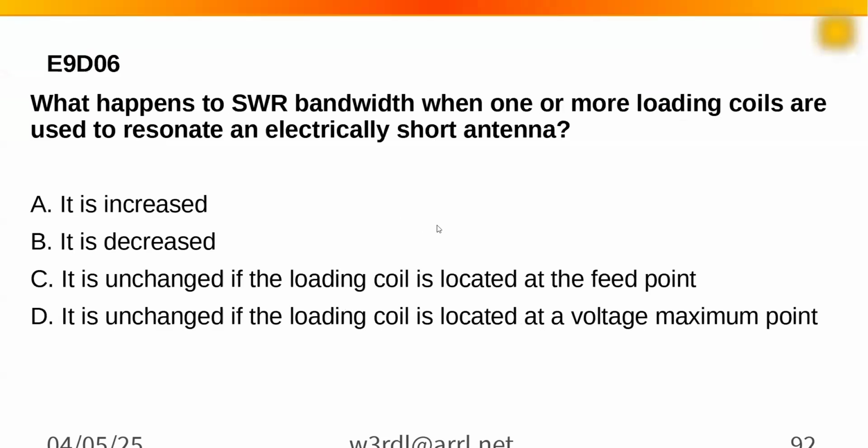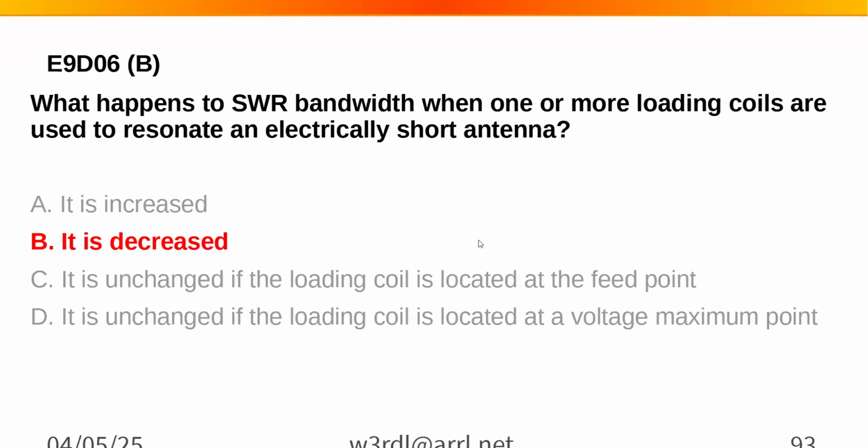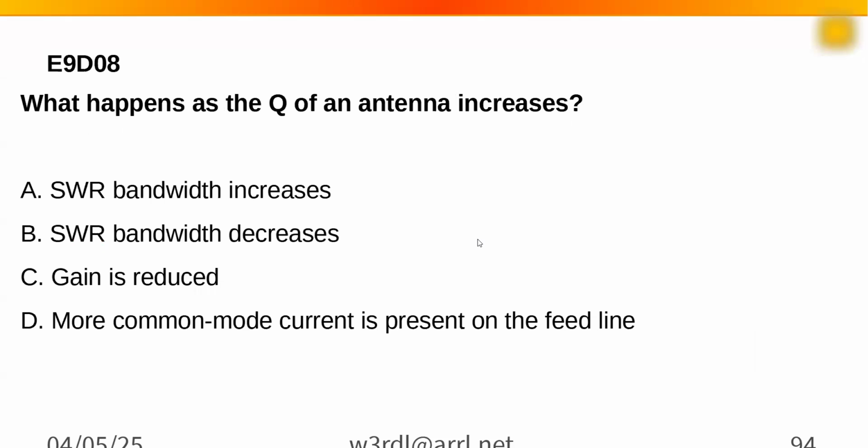What happens to SWR bandwidth when one or more loading coils are used to resonate an electrically short antenna? What happens as the Q of an antenna increases?